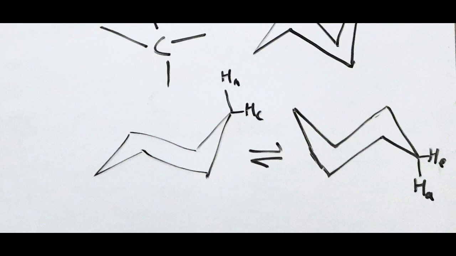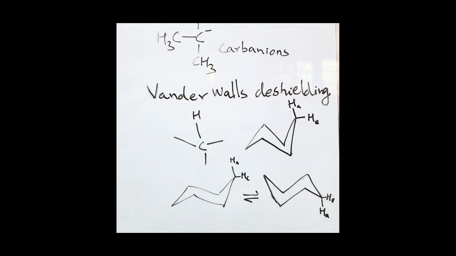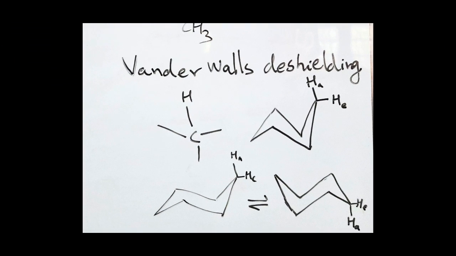So, because of the operation of shielding and deshielding effect through space, the axial and equatorial protons experience a different magnetic field, and this is called the van der Waals shielding and deshielding effect.